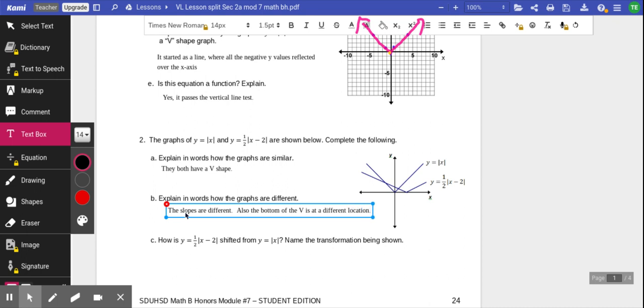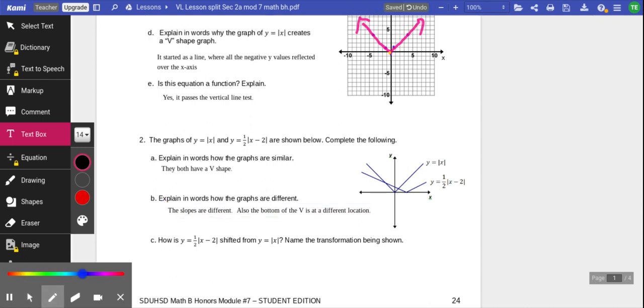So I want to know, how is it shifted? When I look over here at where the bottom of the V is, I see that it is shifted 2 to the right. It went over 2, okay? And then it got flatter.